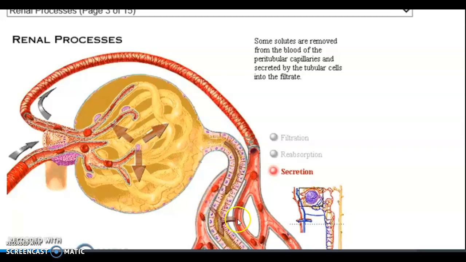But it is our last chance to make some adjustments to what we want to get rid of. Now, we haven't really talked about the adjustments in the water content, but as far as what's in the filtrate that's becoming urine, here's our last chance to basically fine-tune that.